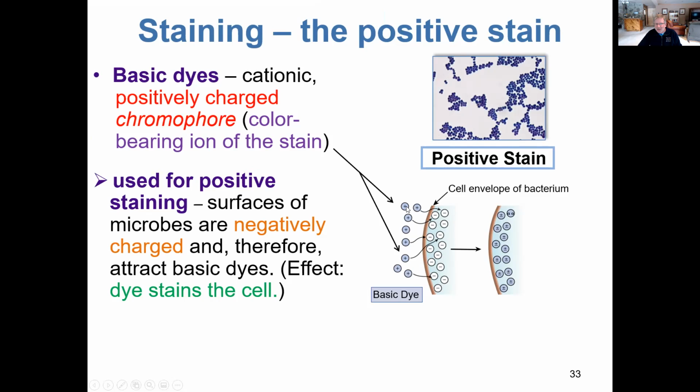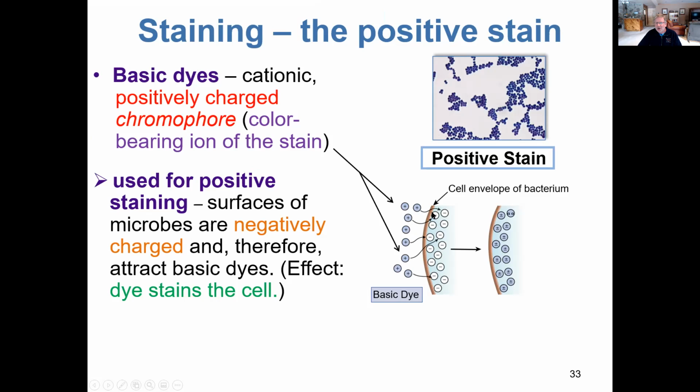Here's our positively charged chromophores connected to the stain molecule. So just think of these positive charges as the dye, the stain. These are basic dyes, basic stains with positive chromophores.